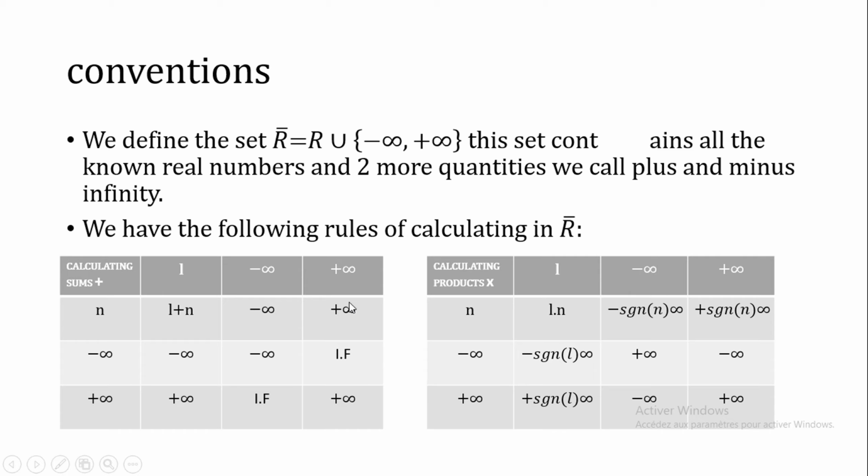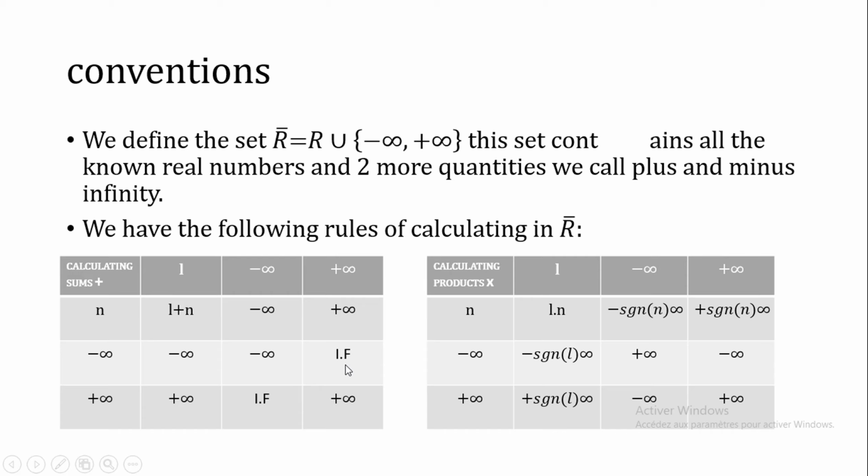The same goes for plus infinity: n plus infinity gives us plus infinity. If we take a look at the second row, we have minus infinity plus L, which gives us just minus infinity. Minus infinity plus minus infinity gives us minus infinity.